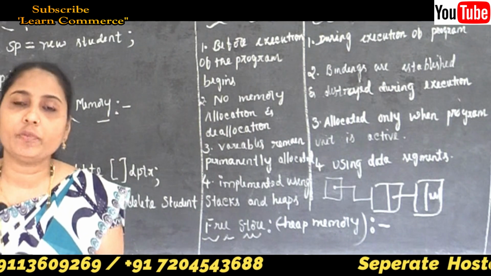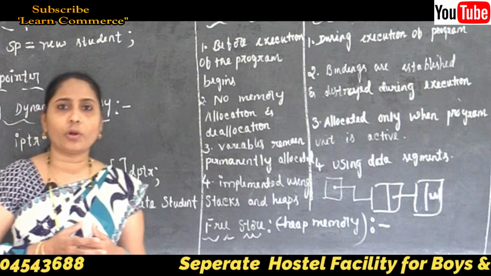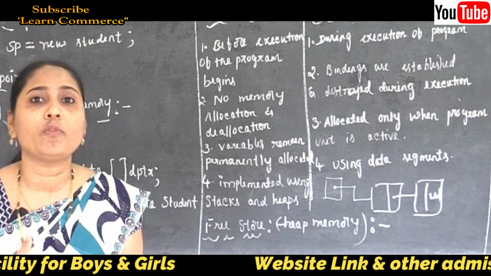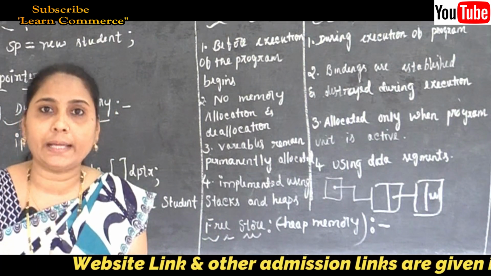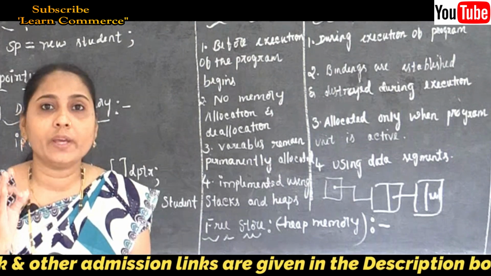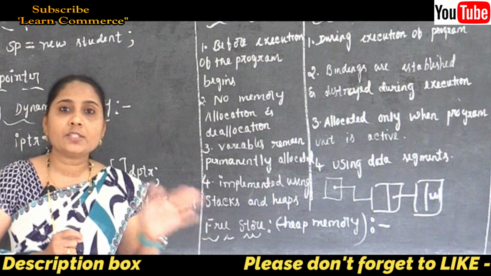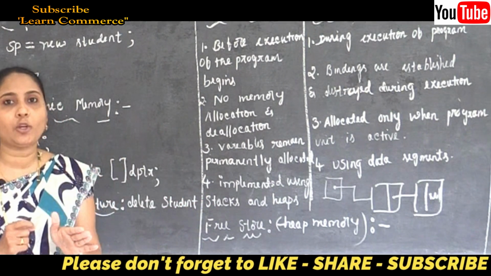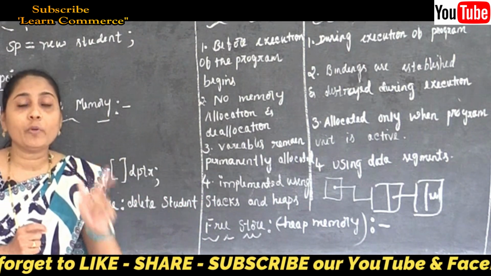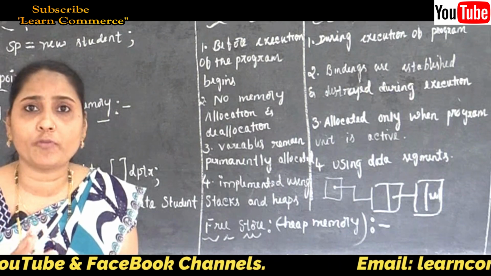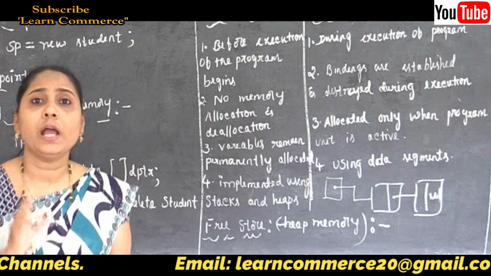We can say that the free store applies to our dynamic allocation of memory here, and in dynamic memory allocation we use the operators new and delete here. So the new and delete operators allocate memory space for the object from a place that is called the free store.